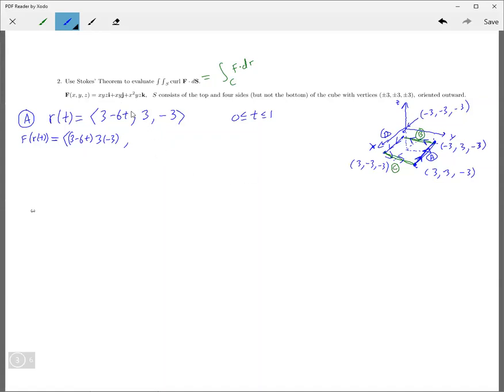Then you would do the same thing for the other two components. However, you're going to take the dot product of this vector with r prime. We know r prime is just the derivative of this, so it's negative 6, 0, 0. That means it doesn't really matter what these two are. We don't have to try to figure that out.